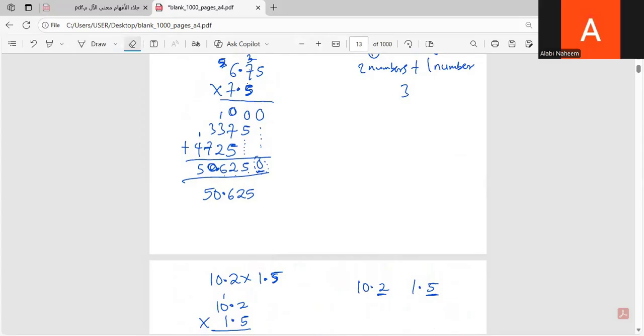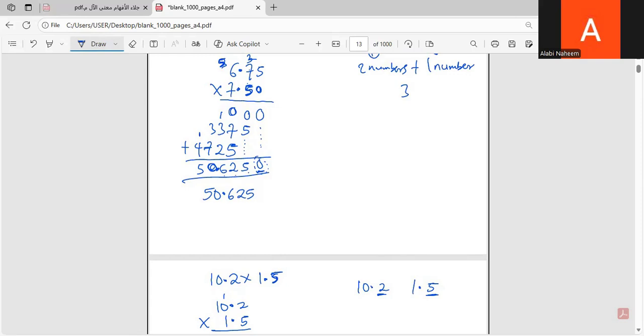We just put 0 there in order to multiply. So the 0 at the end should not be taken into consideration.